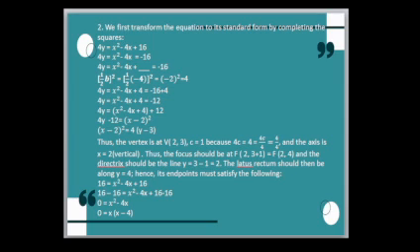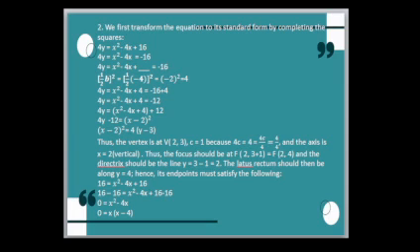We apply the subtraction property of equality and subtract 12 from both sides, so 4y minus 12 is equal to the factor of that perfect square trinomial x squared minus 4x plus 4, which is x minus 2 squared.